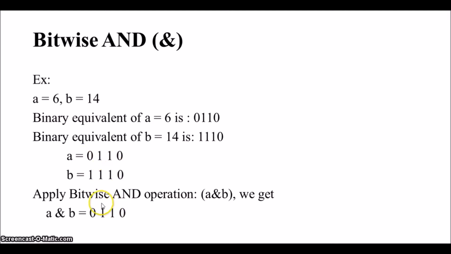Again 1 and 1, the result is 1. 0 and 1, so when any one of the bits is 0, the answer is 0. 0 and 1, the answer is 0. Now convert this result 0, 1, 1, 0, it's equivalent to 6.